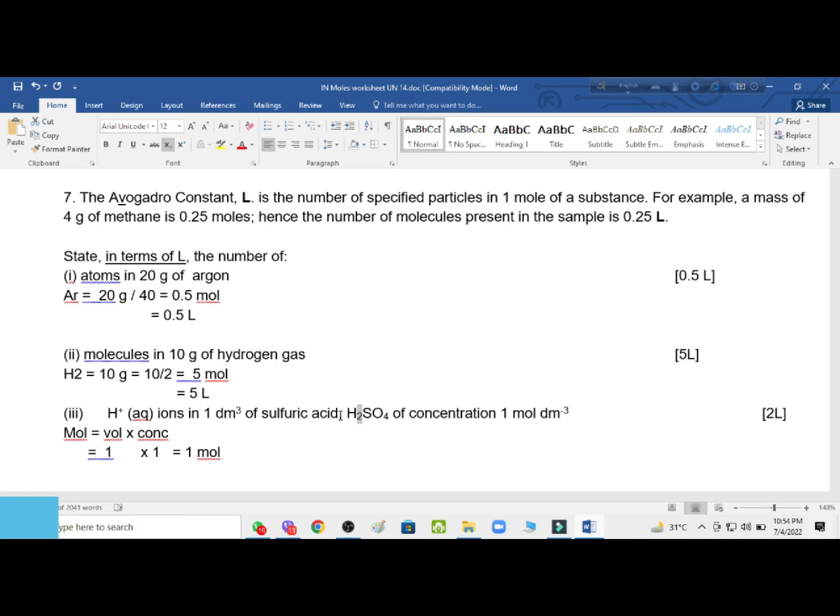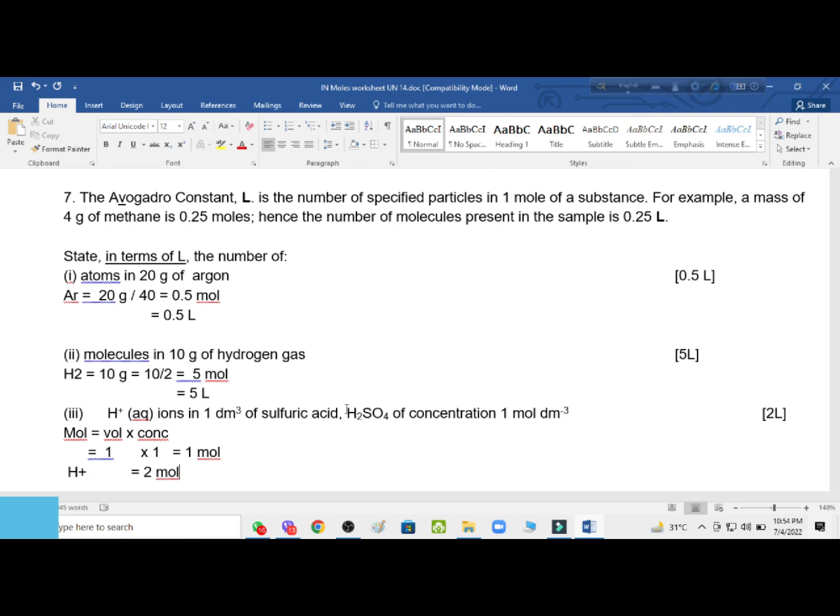So if mole of sulfuric acid is 1, then mole of hydrogen is double. Why? Look at the formula again. The formula says 1 mole of sulfuric acid gives double mole of hydrogen. So double mole means here 2. But this is not the answer. You need to calculate the particles by multiplying with Avogadro number. This is the answer.